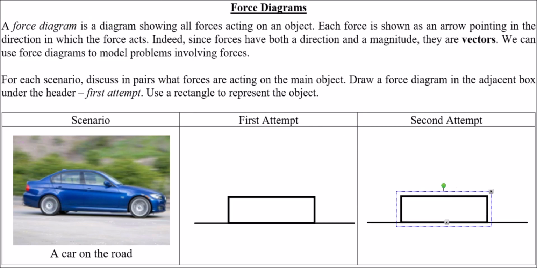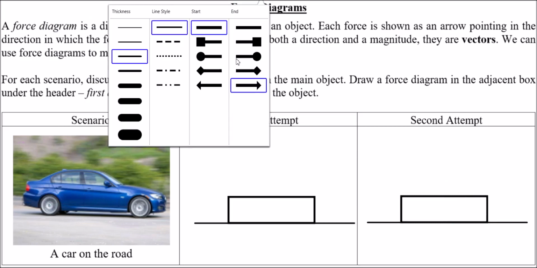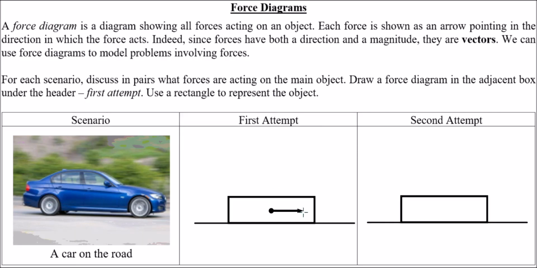So, what's pushing this car forward? What's driving its motion? Well, this is going to be the thrust from the engine. Okay, so I'm going to call this thrust from the engine going forwards. Pulling the car downwards, keeping it on the road, that's going to be its weight.